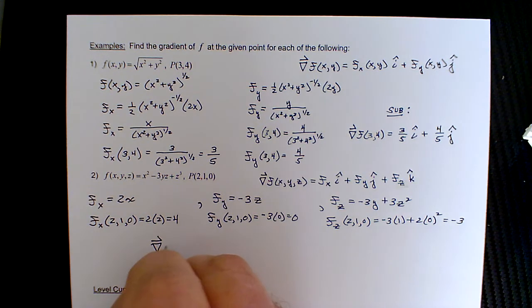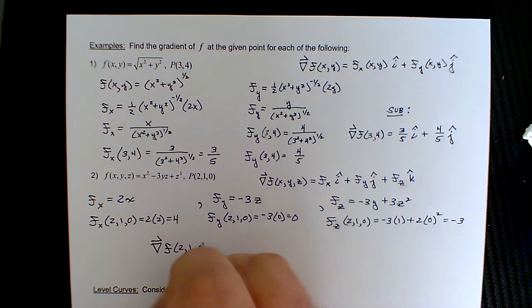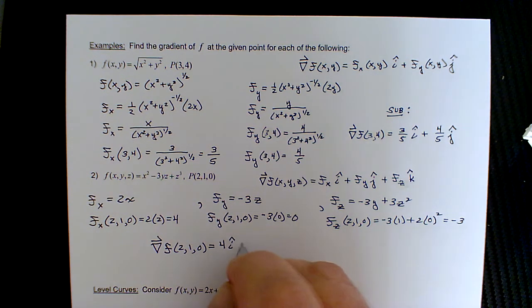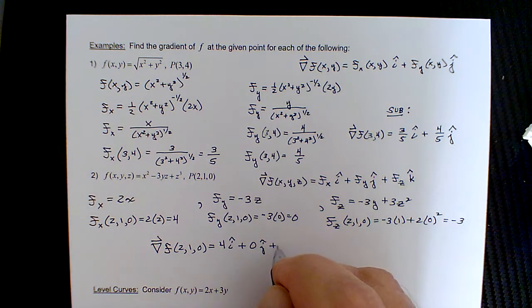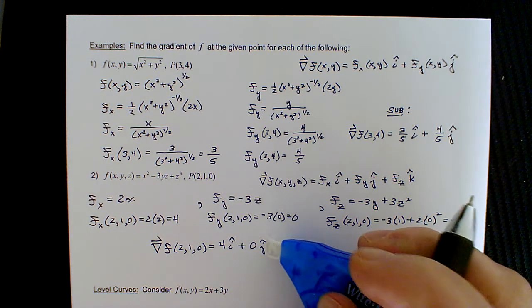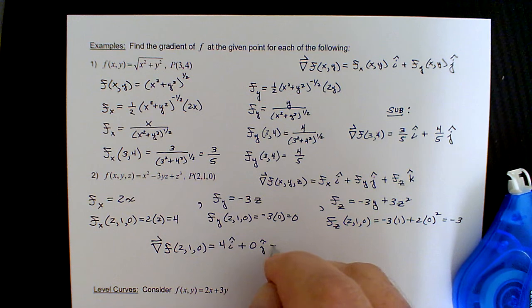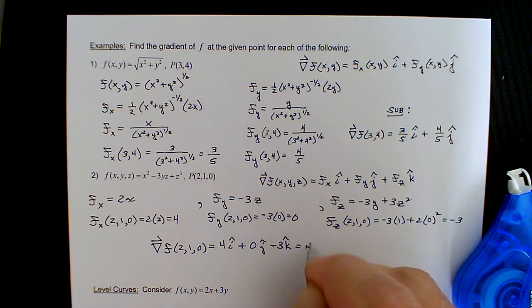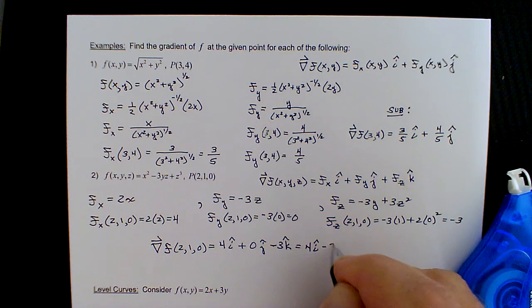So therefore, our gradient of f at the point (2, 1, 0) is going to be f sub x evaluated at that point times i, plus f sub y times j, plus f sub z, negative 3, times k. And so I'll just call it 4i minus 3k.